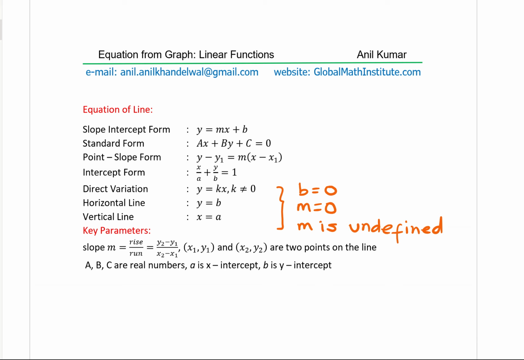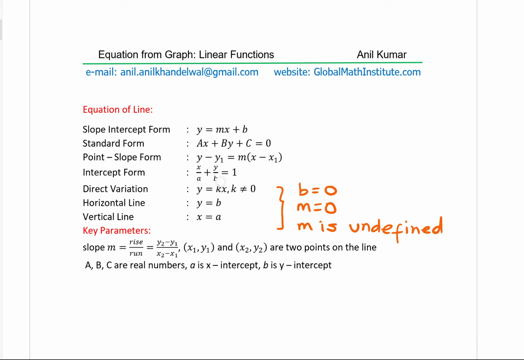The key parameters which you have seen here are slope, which is rise over run. If we have 2 points, x1, y1 and x2, y2, then the slope is y2 minus y1 over x2 minus x1. So we need to find 2 points on the line to get the slope. A, B, and C, the coefficients of x and y, and C, the constant, are all real numbers.